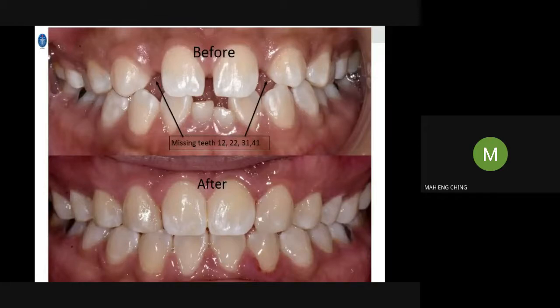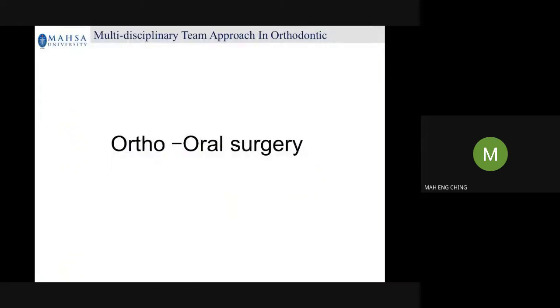Okay, if no questions, then I will proceed to my last topic today, which is oral surgery. A lot of the time the oral surgeon helps me rather than me helping them. Mostly we are talking about impacted or ectopic teeth in a different position, high up in the nose, deep down into the jaw.